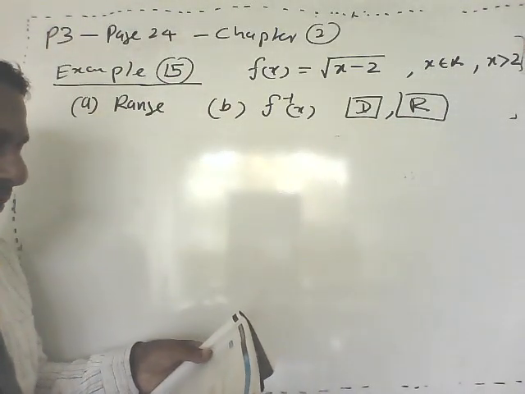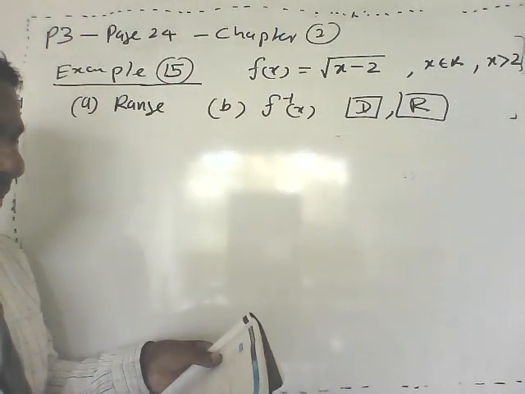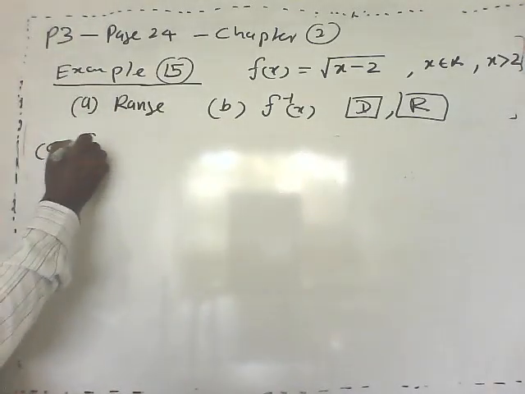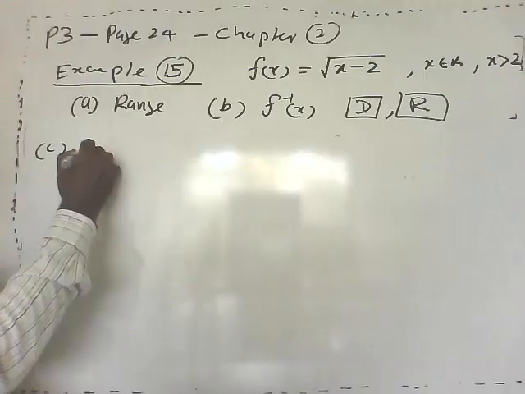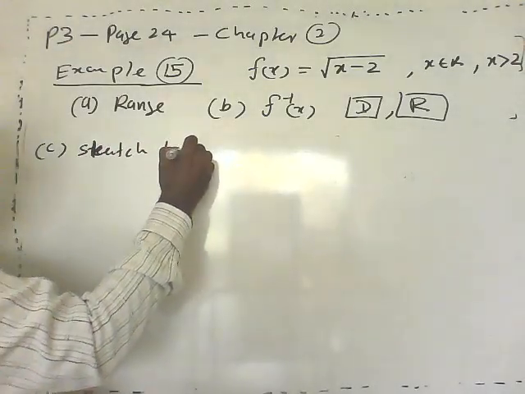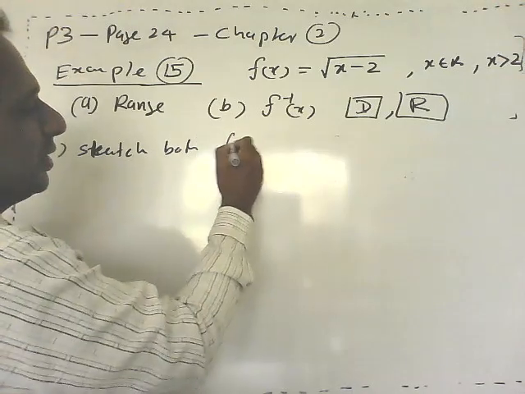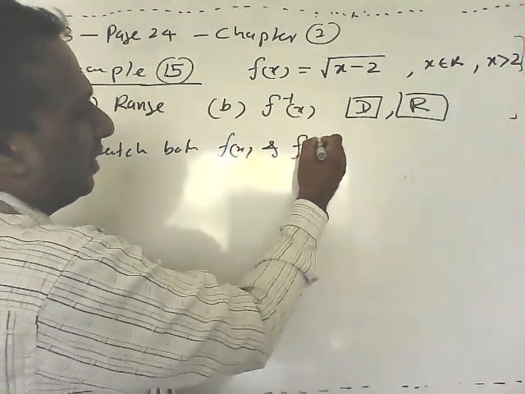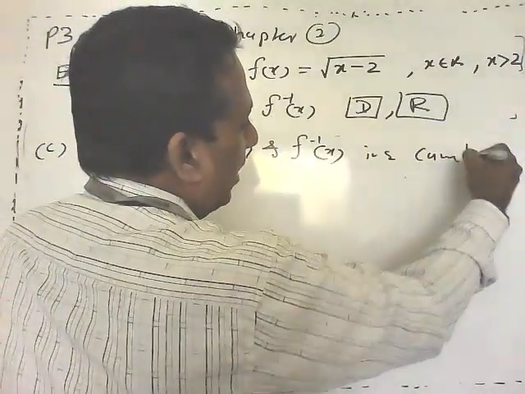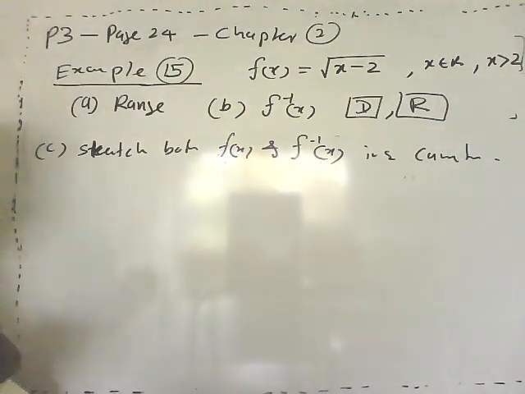And also sketch f in y equals x. So part C, sketch both f(x) and f inverse x in the same Cartesian plane. So we will see how we are going to handle this.